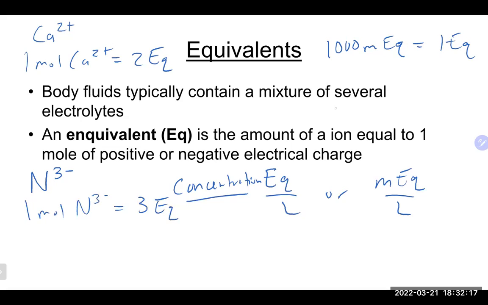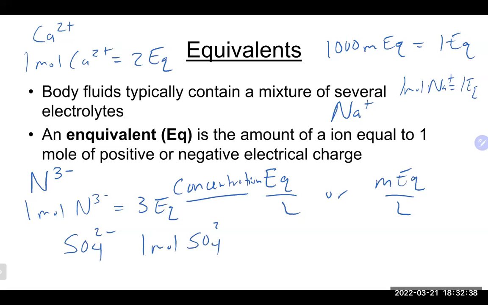Again, we could look at sodium, which is +1. 1 mole of sodium ions has 1 equivalent. Also, it doesn't matter if it's a polyatomic ion. You could have a polyatomic ion like sulfate. 1 mole of sulfate would give us 2 equivalents.